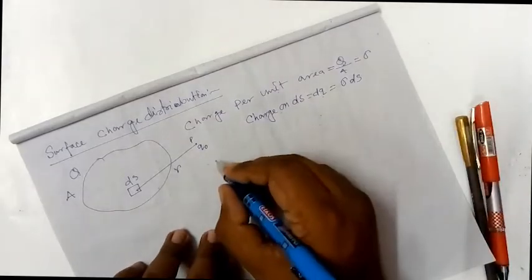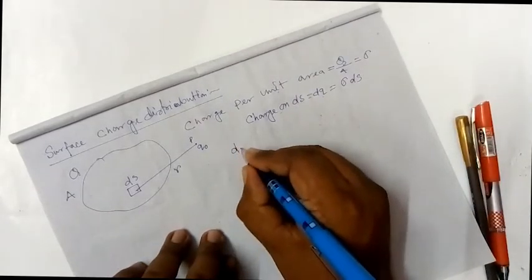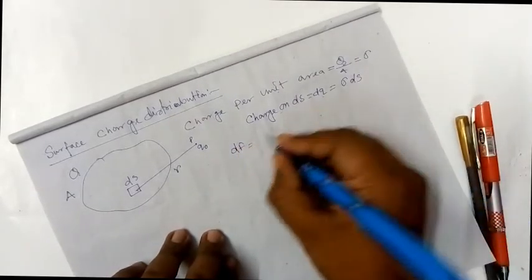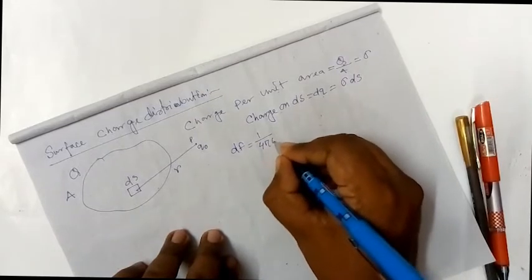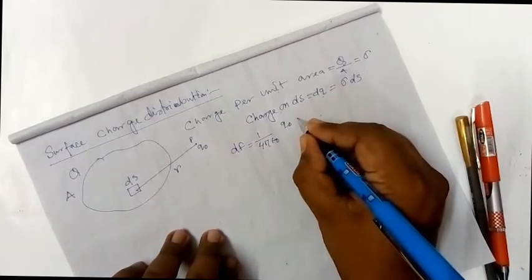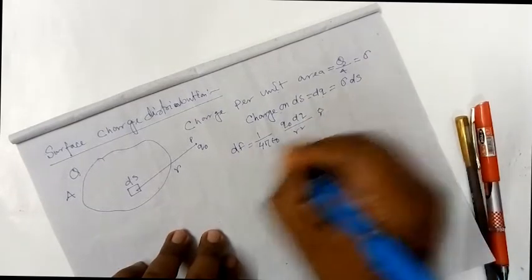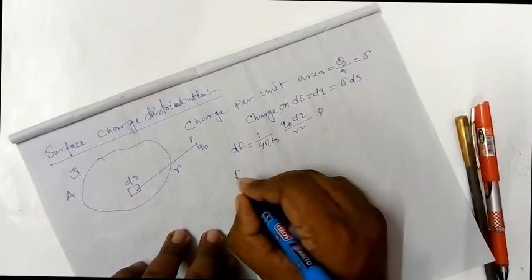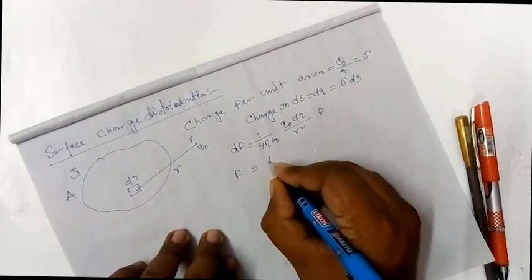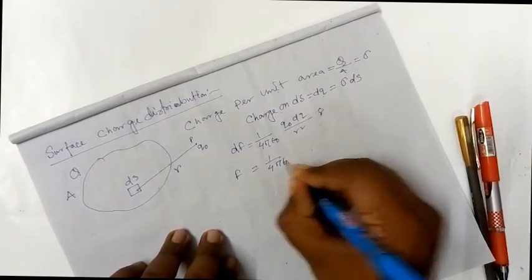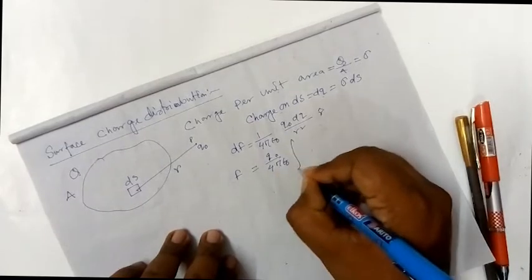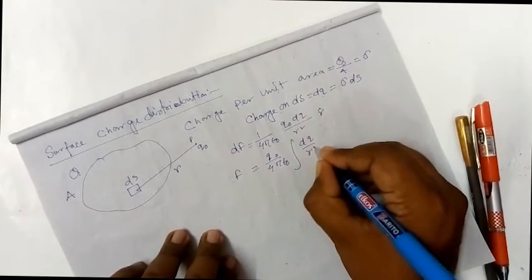So if I want to find the smaller force, dF equals, we have already found it out, 1 by 4 pi epsilon naught q naught into dq by r square r cap. If I want to find out the force, it should be 1 by 4 pi epsilon naught q naught integration of dq by r square.